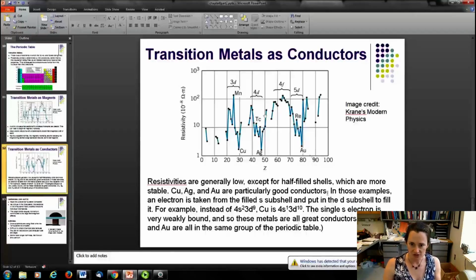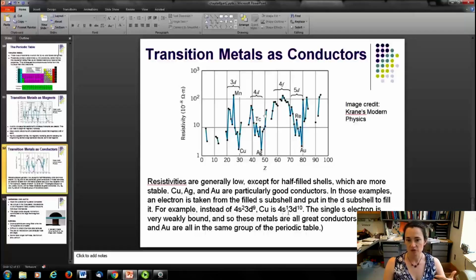Well, those are interesting special cases. They all occur in the same group on the periodic table, the same column, and what's going on there is that, for example, for copper, instead of a configuration of 4s2 3d9, it would really like to fill that d subshell, and so it takes an electron from the 4s2 to become 4s1 3d10.